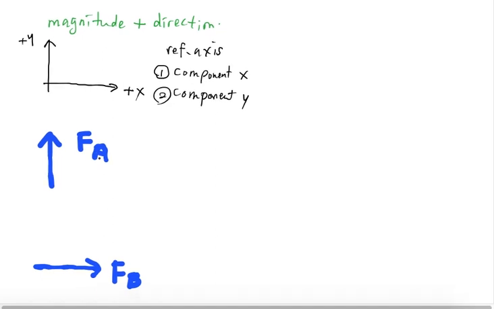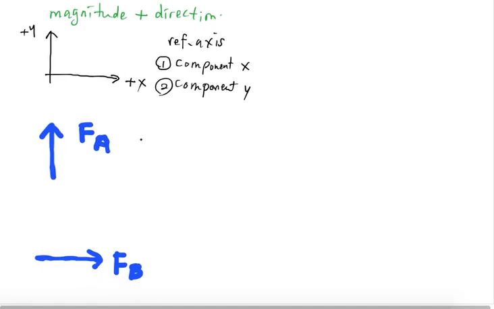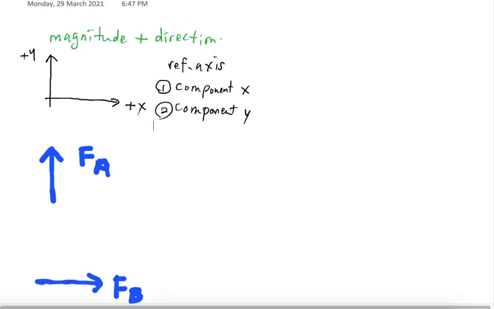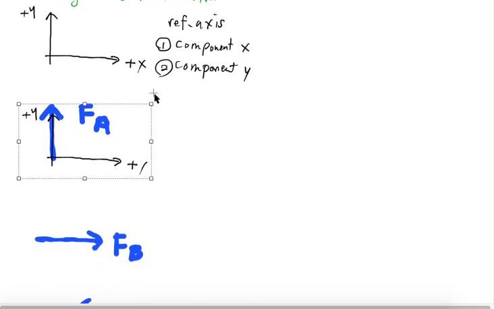So for example, for FA, what do you think? Which component exists? Is it component X or component Y? You can try to redraw the axis on top of the main vector that you want to analyze.